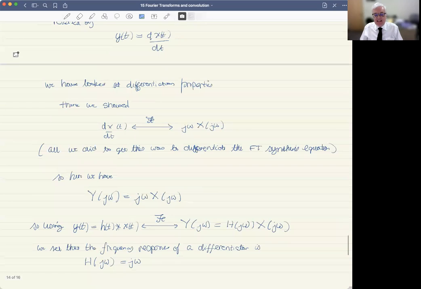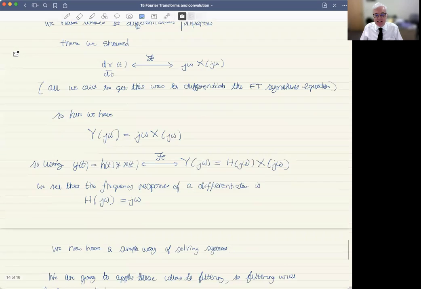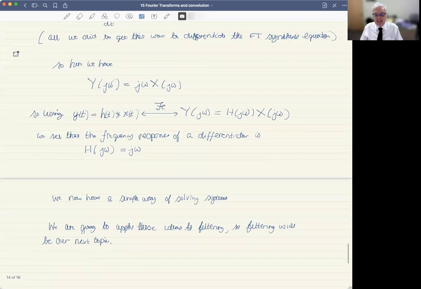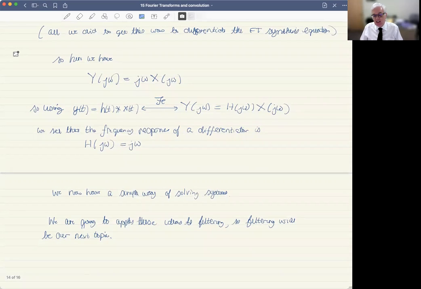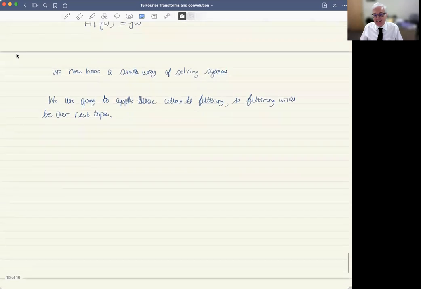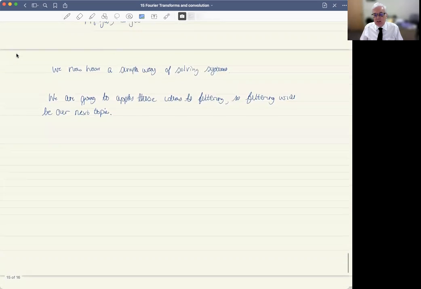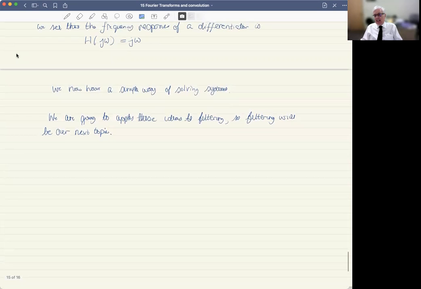That tells us how we can calculate the transform of the output. And so we can quickly see that the frequency response of a differentiator is just j omega. This means we now have a simple way of solving systems. The basic idea we're going to apply this to is filtering.